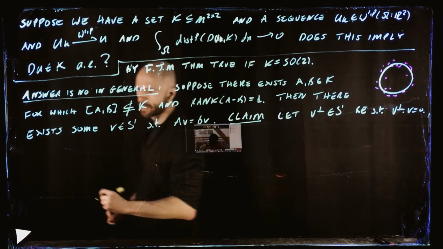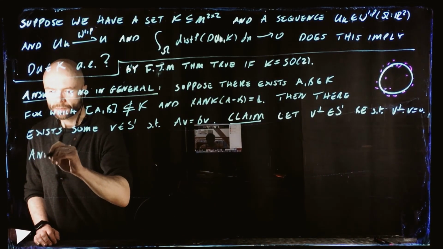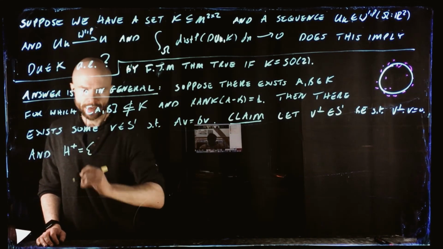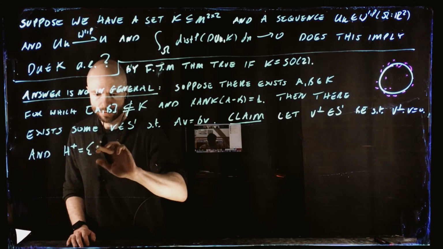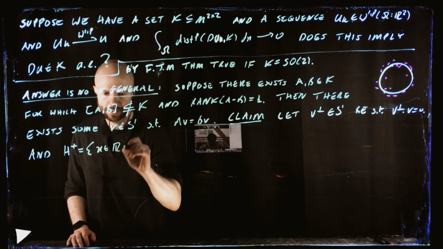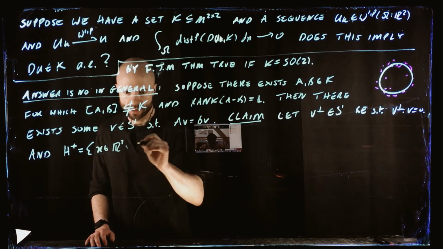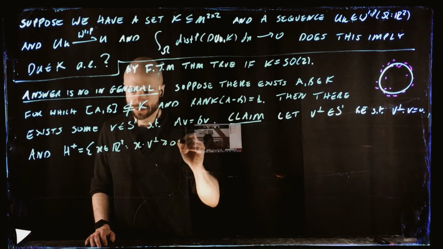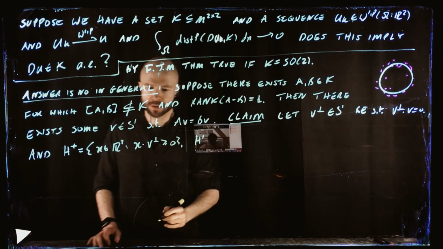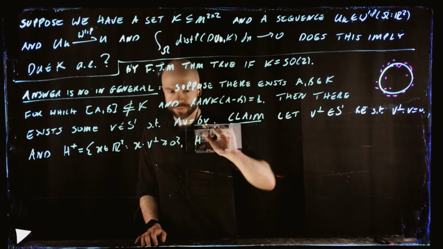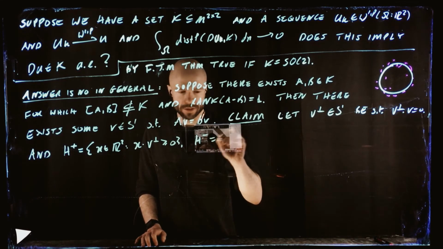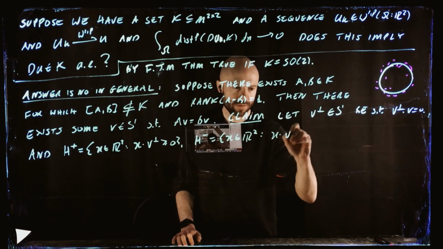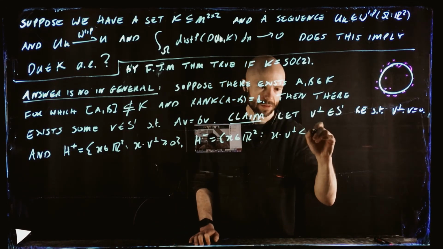Let's write H plus to be the set of all x belonging to R2 such that x dot V perp is bigger than or equal to 0, and H minus be the set of all x belonging to R2 such that x dot V perp is less than 0.